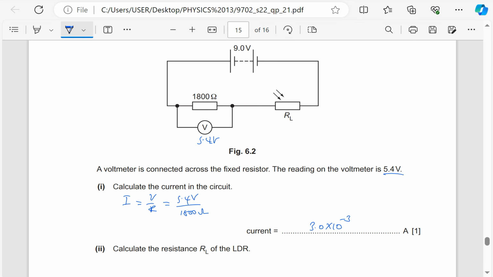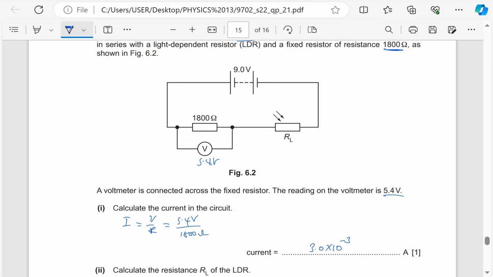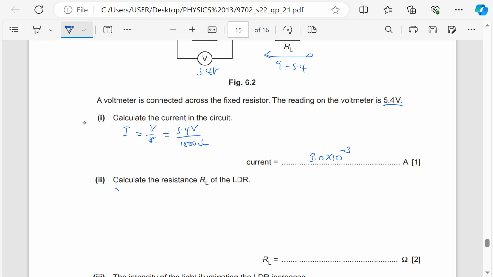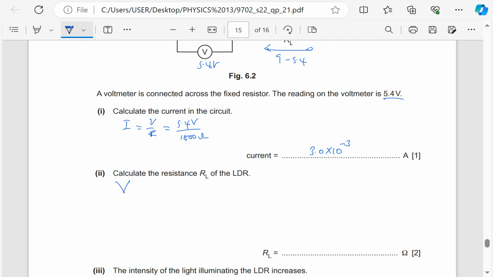Then calculate the resistance RL of the LDR. So we can just find the PD across RL. Remember, the current will be the same because they're in series. So the PD across RL is going to be 9 minus 5.4, which is 3.6 volts.